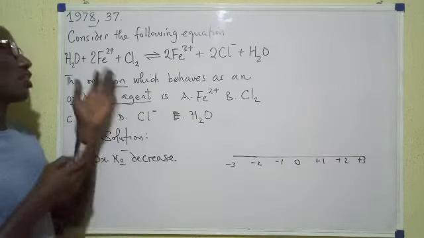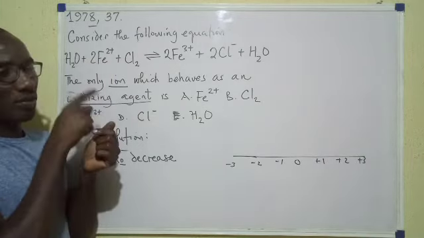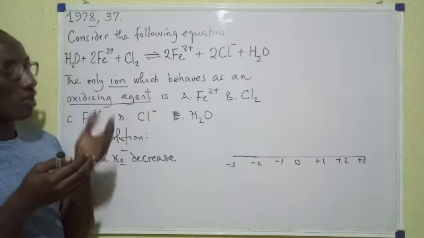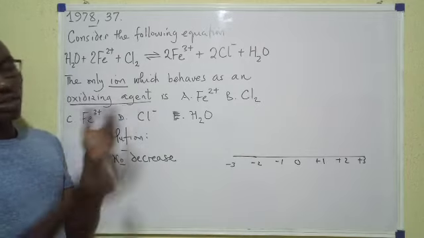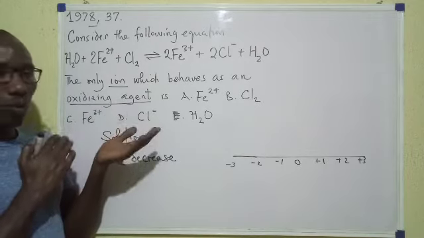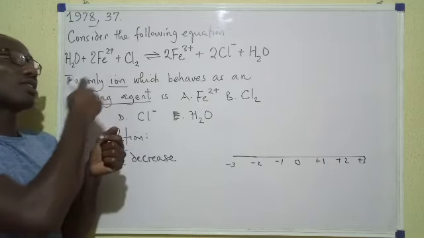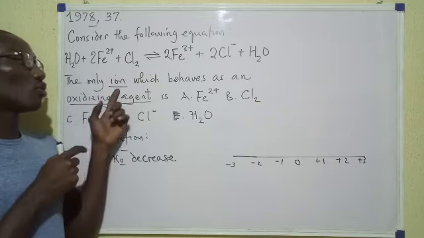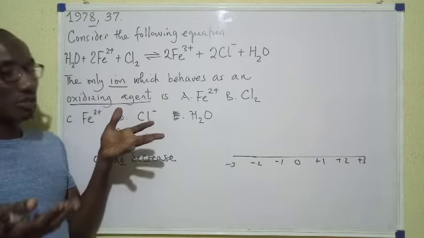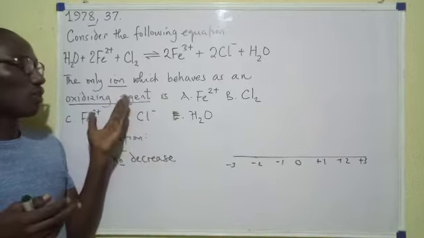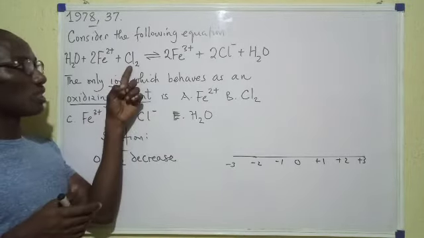So for this reaction, the first thing we really need to remember is the fact that it's a two-way reaction. It's a reversible reaction. There's the forward component and there's the backward component. So we can trace the oxidation and reduction forward or backward. Then it's also important to note that this question says ion. Because if you throw away that ion, if you just read it as the only species in this reaction that behaves as an oxidizing agent, you may want to take this.